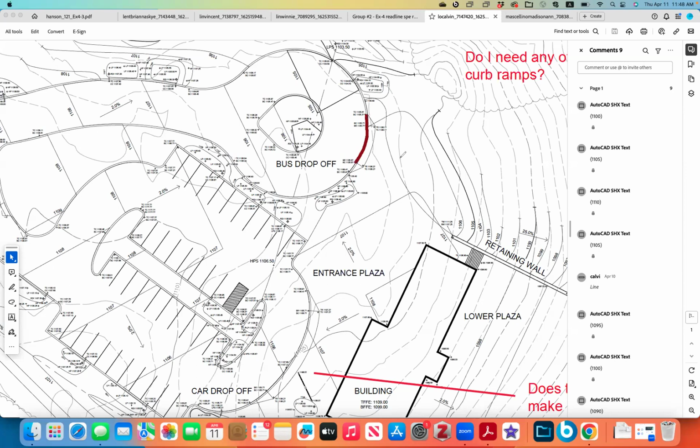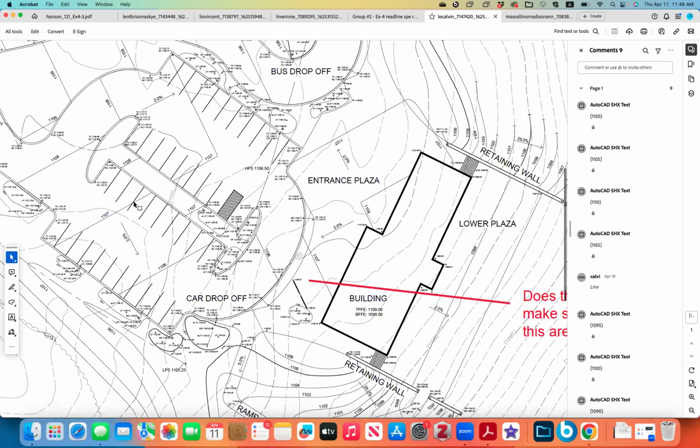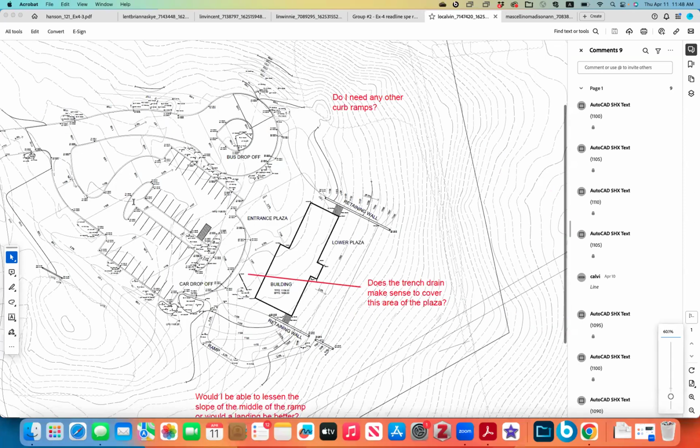And yeah, that's right. Let's see. You have another ramp over here. And okay, you do not need more. I would work on the hierarchy a little bit more.